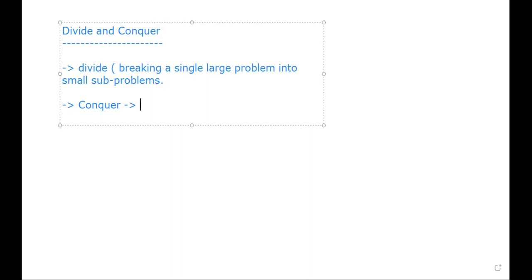If P is a big, large problem, and P1, P2 up to Pk are small sub problems, then for every small sub problem we have some solution.